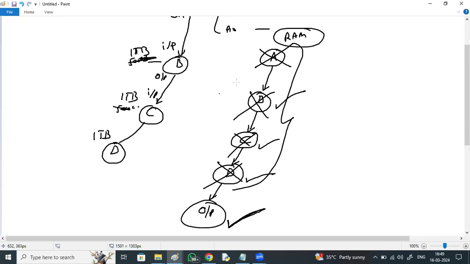One more thing: all these four, A, B, C, D, can't be executed in parallel.